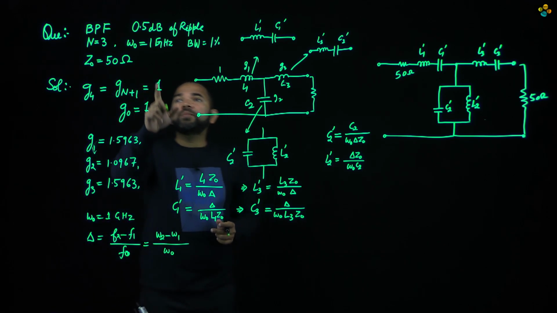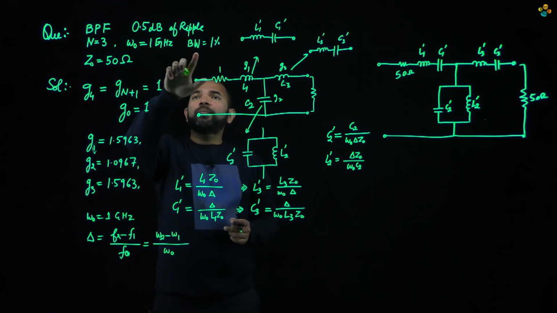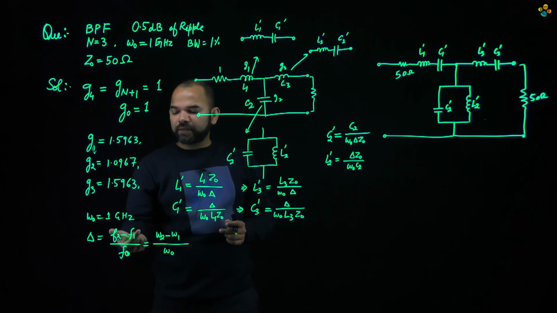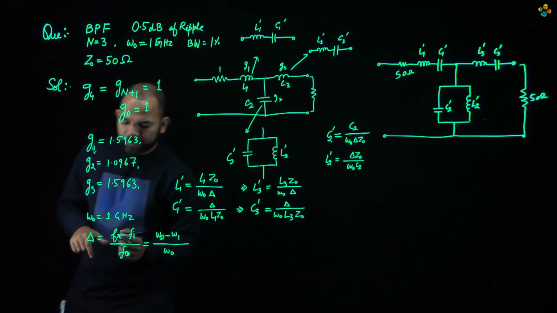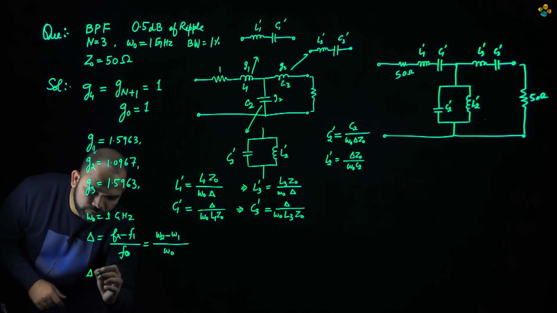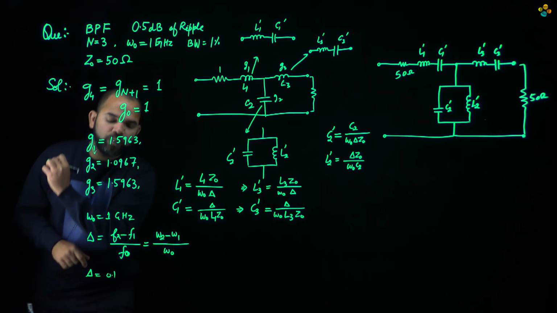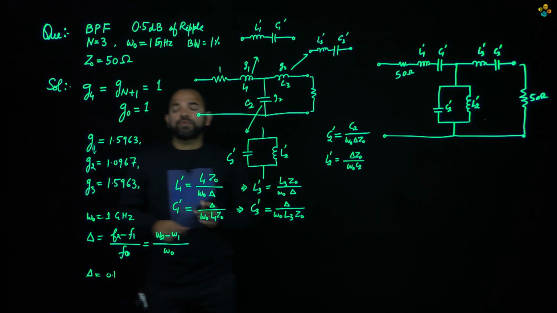So the problem is saying the bandwidth, which is the difference of the two cutoff frequencies, the high pass and low pass, is equal to 10%. So we can write directly delta is equal to 0.1.